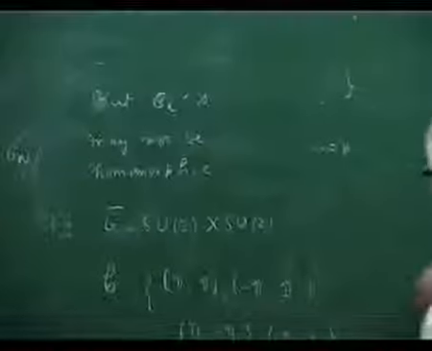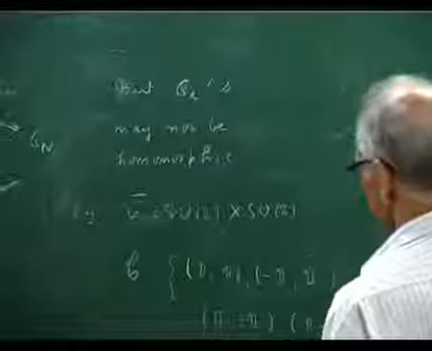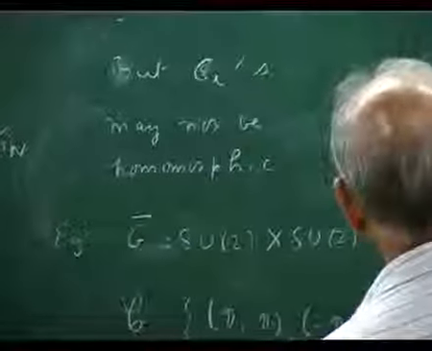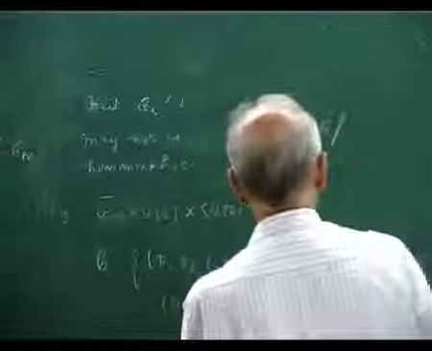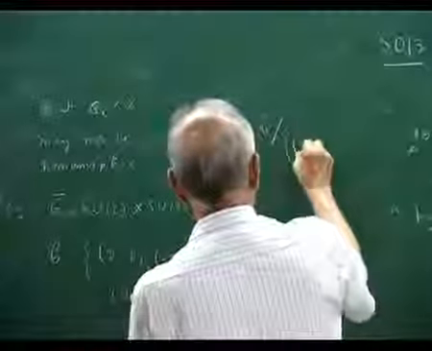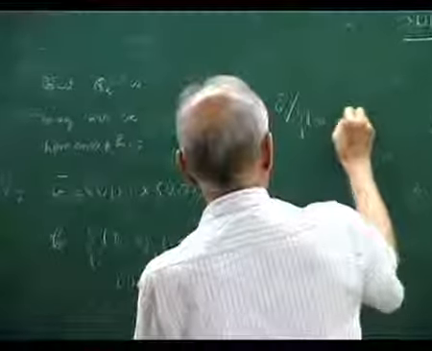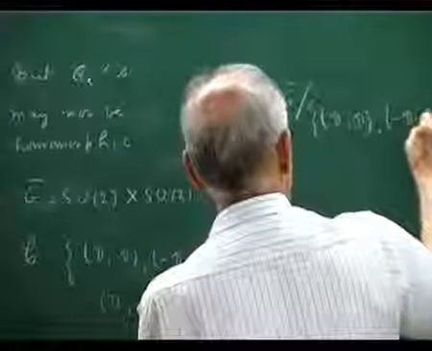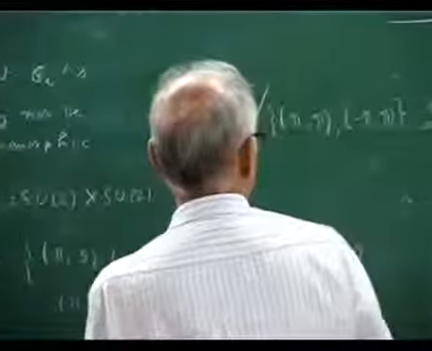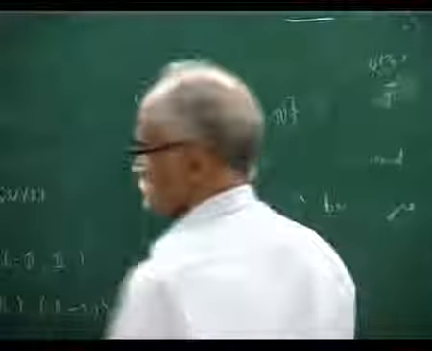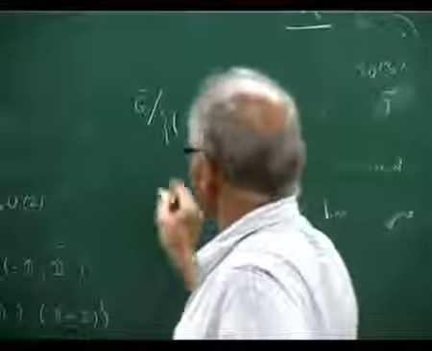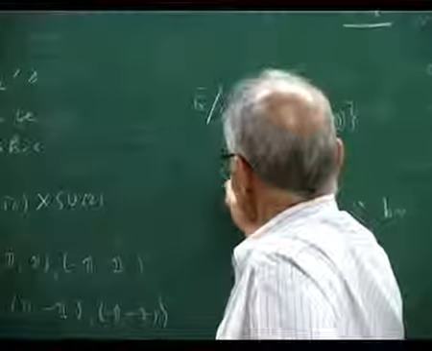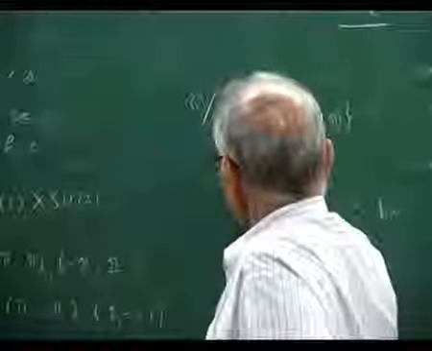Now consider the following. I take this G bar and quotient by these two, this group (1,1), (-1,1). It's a group, right? What happens? There's an identification going on here, so you get SO3 cross SU2.